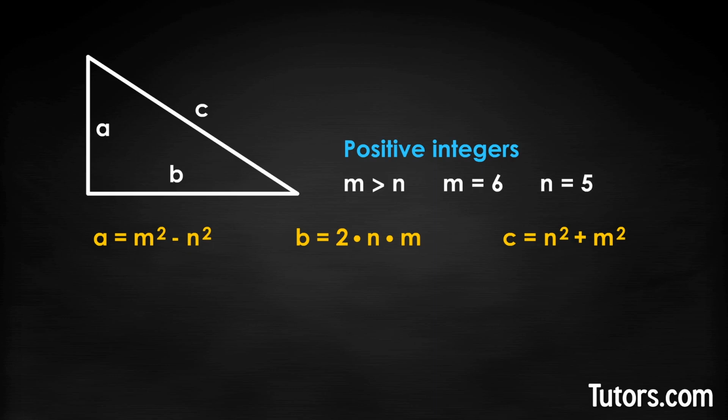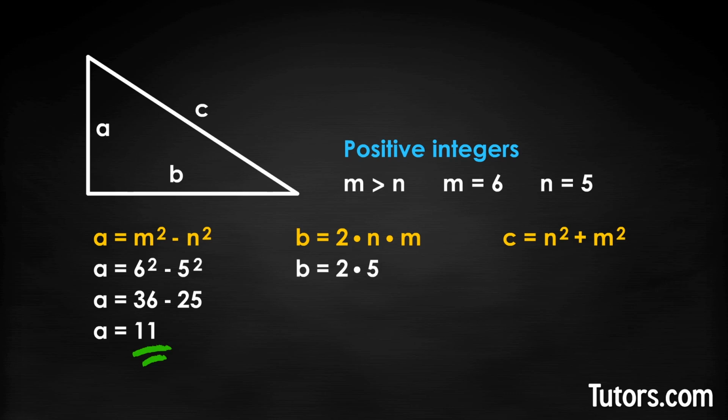First, let's solve for a. Plug into our formula and we get a equals 6 squared minus 5 squared. Then we multiply each number times itself, subtract, and get a equals 11. Now, let's solve for b. Plug into our formula and get b equals 2 times 5 times 6. Multiply to get b equals 60.